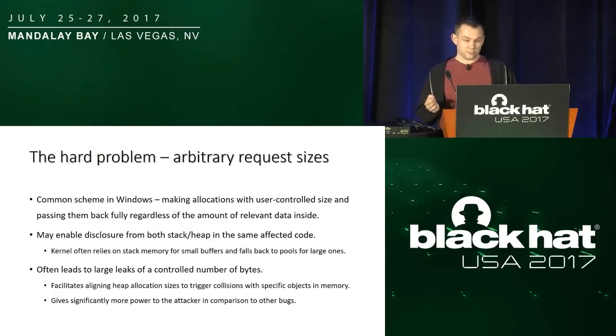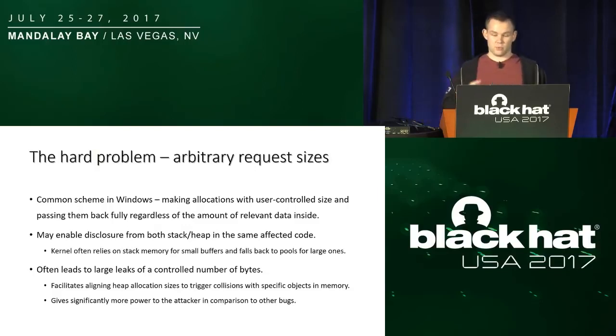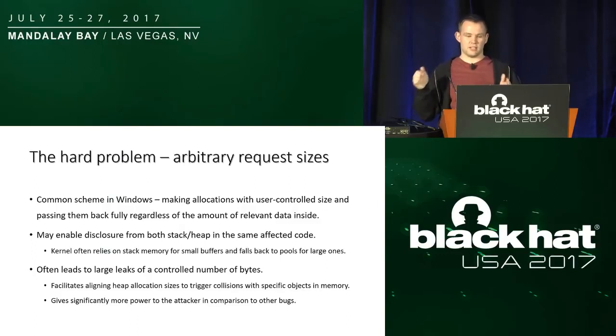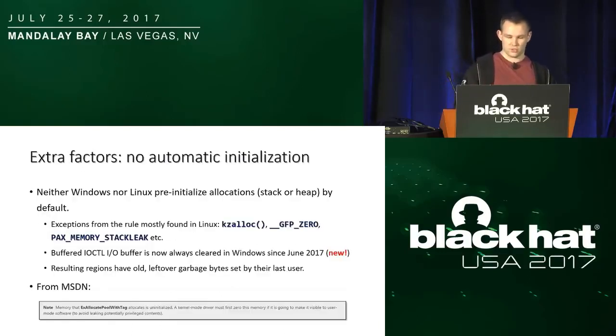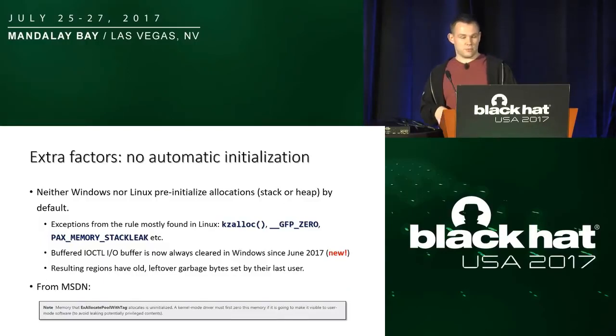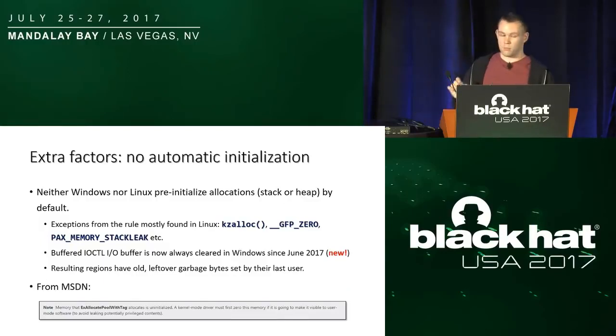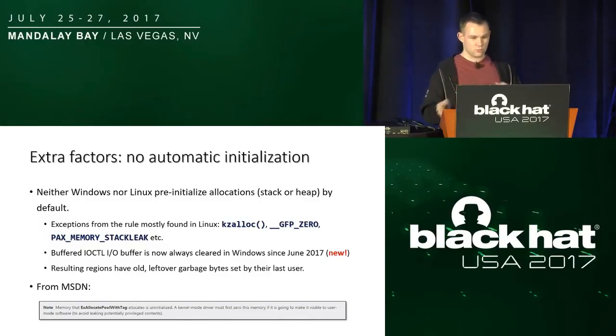And the worst thing is that in this particular case, it could be possible for the user to actually specify the size of the allocation that is being leaked. So it may enable an attacker to try to collide with interesting objects in kernel mode memory in order to leak something interesting. So apart from all of this, we have some more factors which contribute to this whole problem.